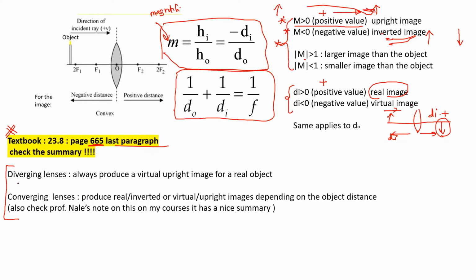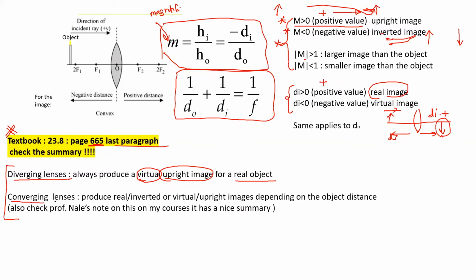In the same way, here in lenses, diverging lenses always produce virtual and upright images if your object is a real one. That means if it's a single lens problem, you will always get virtual and upright images for diverging lenses.